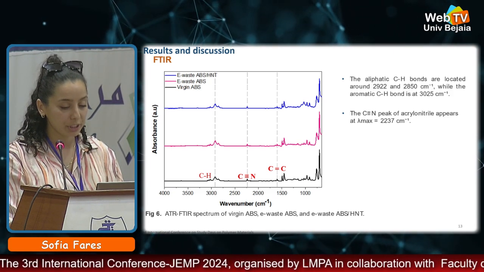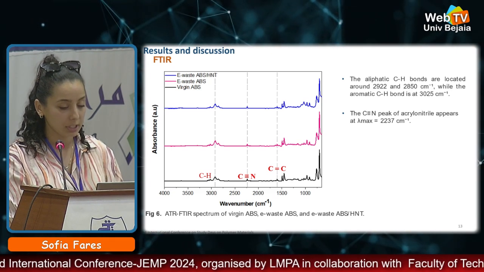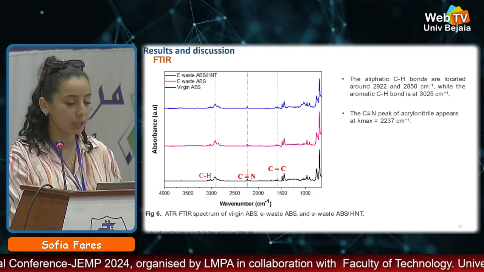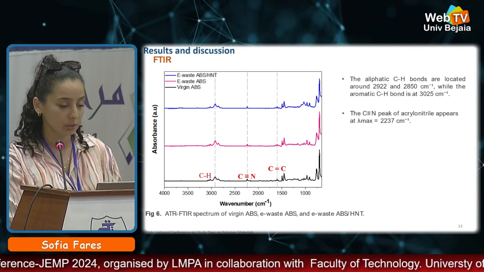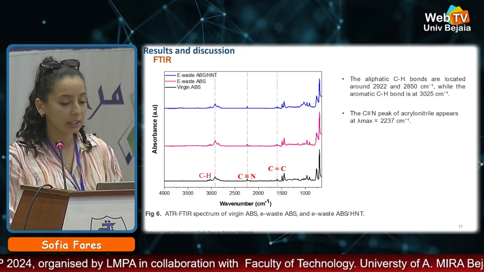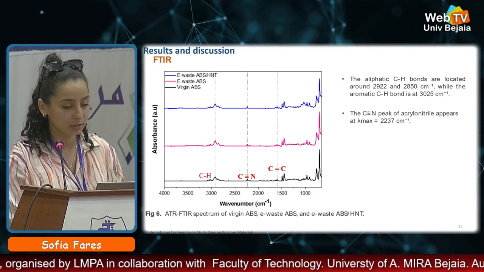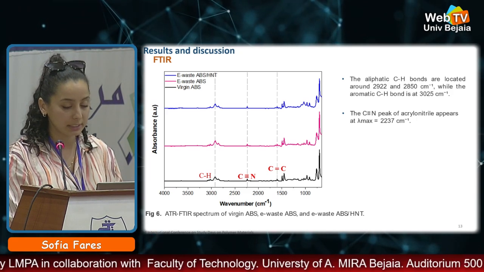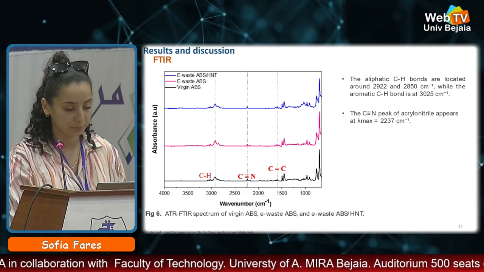The spectra of virgin ABS and e-waste ABS show the characteristic peaks of ABS, which include the aliphatic and aromatic CH, the acrylonitrile peak at 2237, and the C=C from polybutadiene.